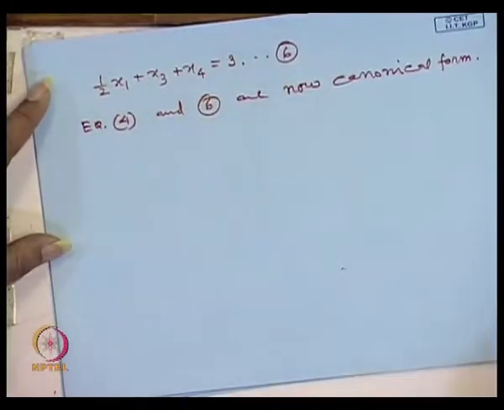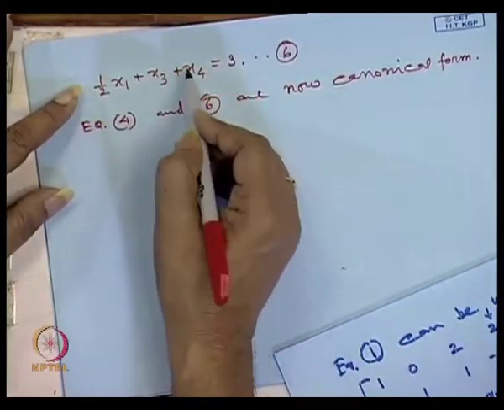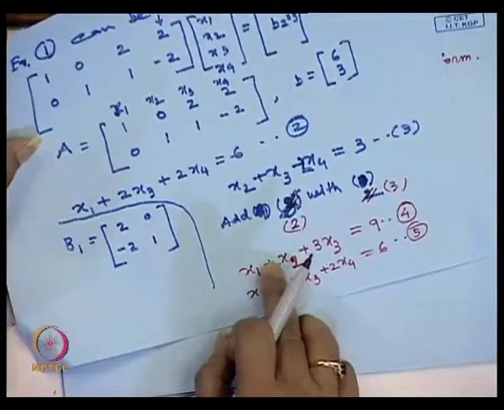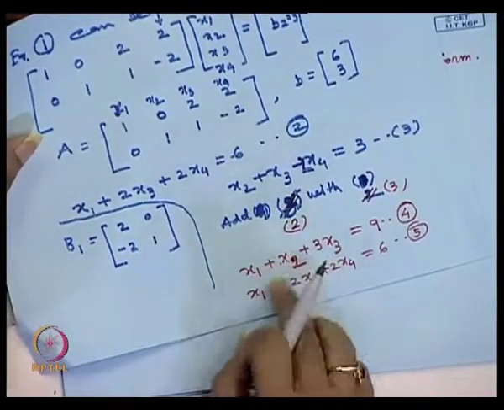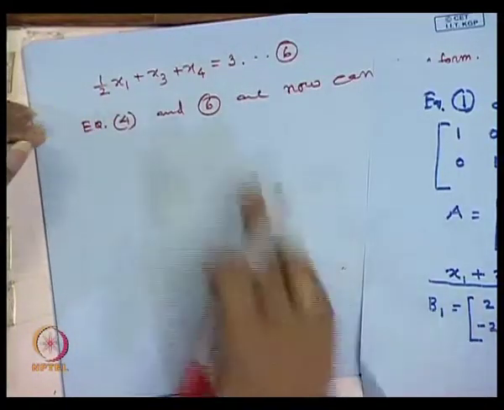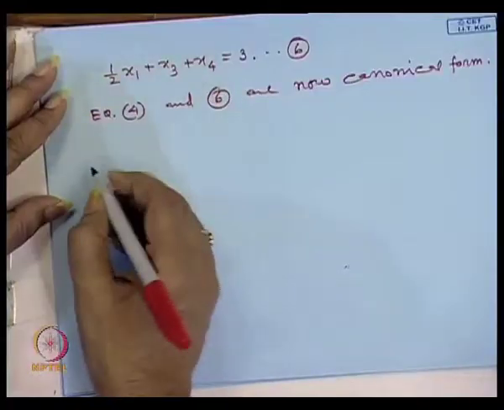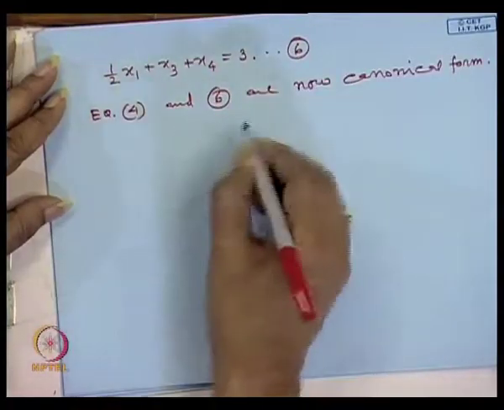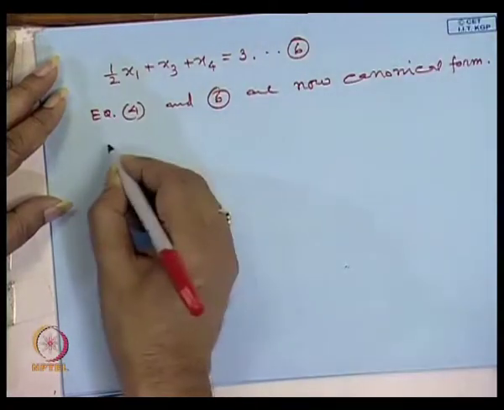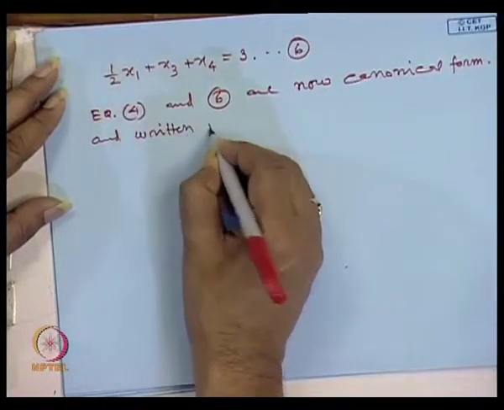Okay. Now you see equations 4 and 6 are in canonical form: the coefficient of x 4 is 1 and the coefficient of x 2 is also 1. If you assign the non-basic variables, straightaway you will get the x 4 and x 2 values, but we want to do it in matrix form.